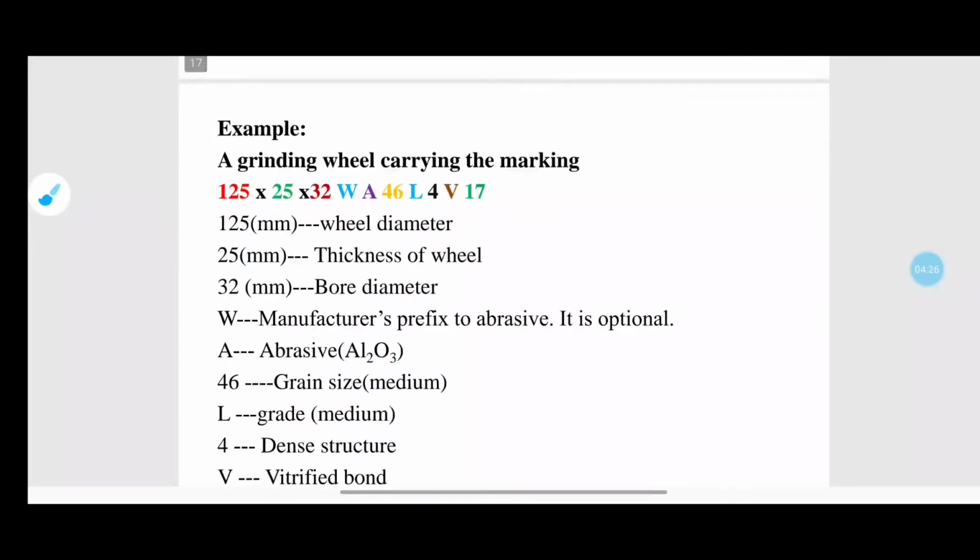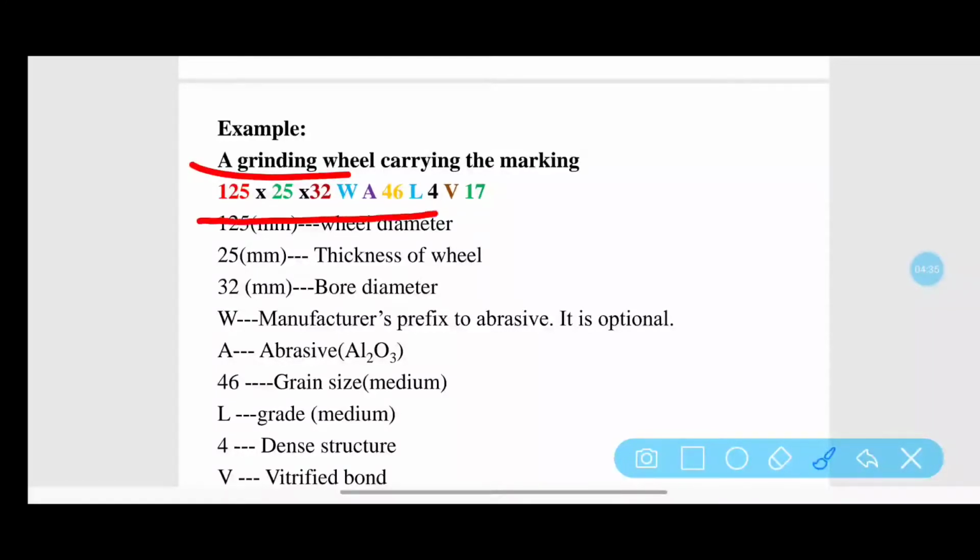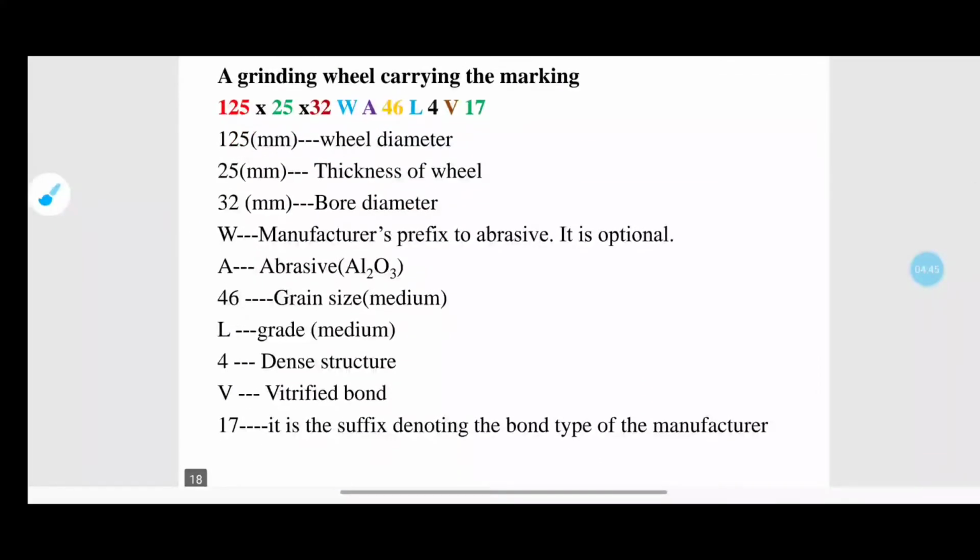Next one, this is an example. A grinding wheel carrying the marking 125 x 25 x 32 WA 46L. Basically these are the markings. You can see below: 125 mm is the wheel diameter, 25 mm is the thickness of the wheel, 32 mm is the bore diameter, and W is the manufacturer's prefix to the abrasive, which is optional, so we can neglect it if we want.